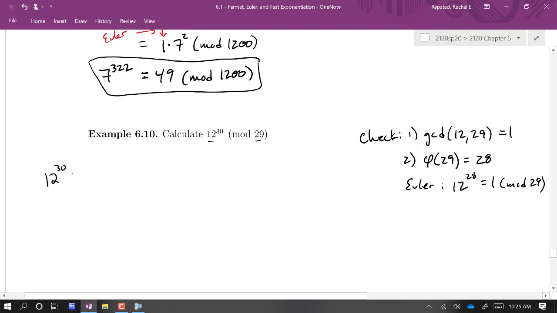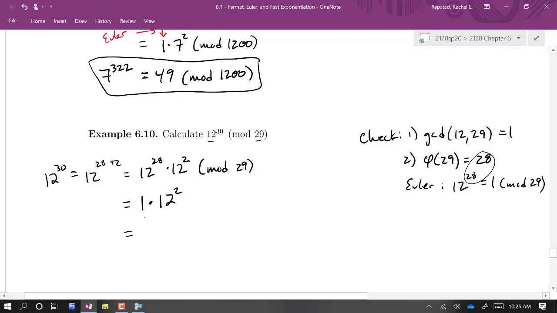12 to the 30th power. So 28 is sort of the magic number for me in that exponent. So this is 12 to the 28 plus 2, which is 12 to the 28 times 12 squared, mod 29. 12 to the 28, we know that's equal to 1.